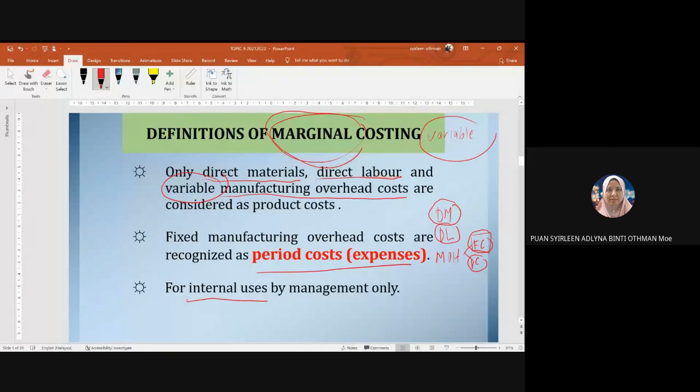Tapi dia tak ada kena-mengena dengan report net profit. So kalau you nak tengok how your company is doing in terms of profit, kita akan tengok absorption costing. Tapi marginal costing ni dia bukan nak tengok how you are doing in terms of profit. Dia lebih kepada how we are going to overcome sekiranya berlaku apa-apa masalah dalam pengeluaran. So that is why marginal costing ni dia lebih kepada internal. Okay, the reports are made and done for the purpose of internal revision je lah, supaya management tu boleh buat keputusan.